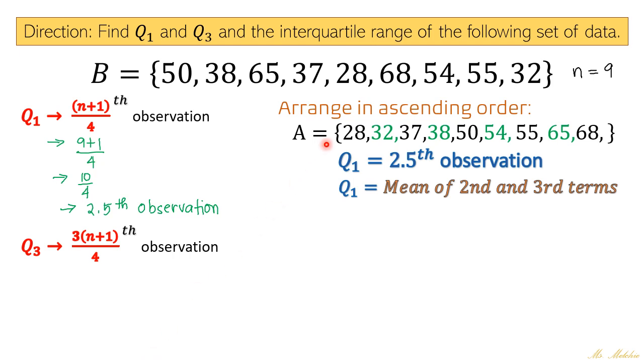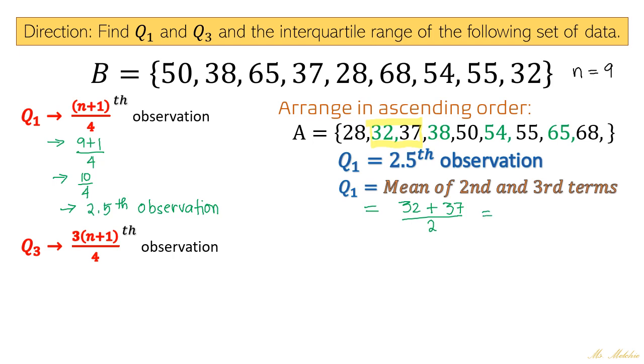So let's count first. Where is your first? Second and third. So first, second, and third. Therefore, we are supposed to combine 32 and 37. So now, we can have Q1 is 32 plus 37, but since it says mean, therefore divide it by 2.